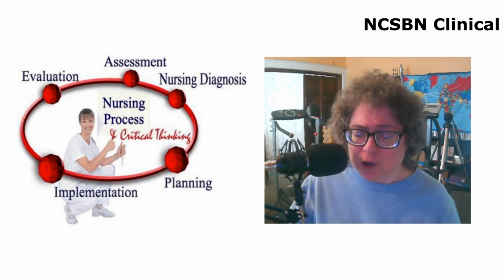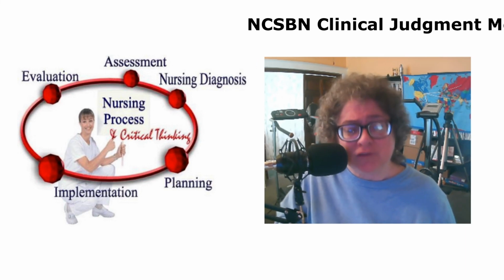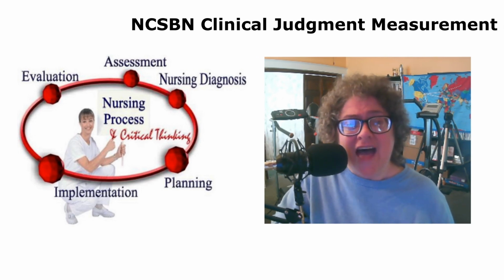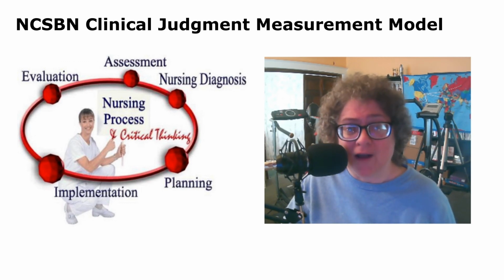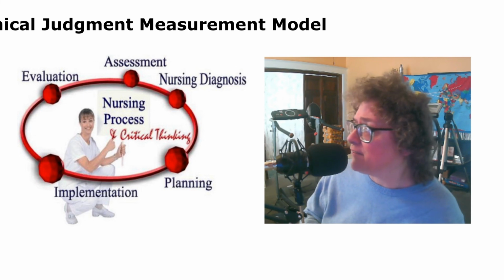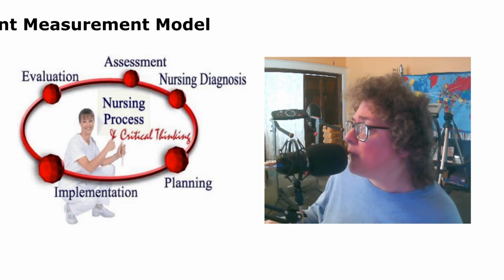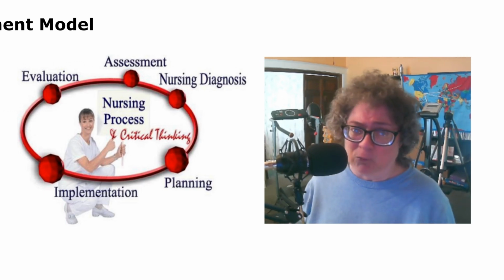Okay, so the third step in the clinical judgment measurement model is to generate solutions that will be replacing planning in the nursing process model. All right, it's very important that you understand this, especially those new students. This is going to be implemented in 2023, but I do believe they're implementing it now.